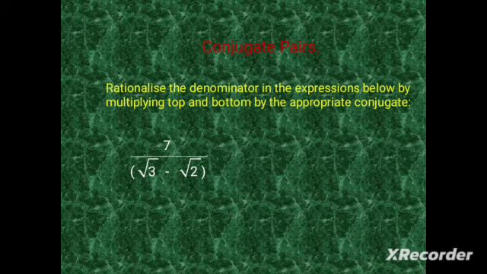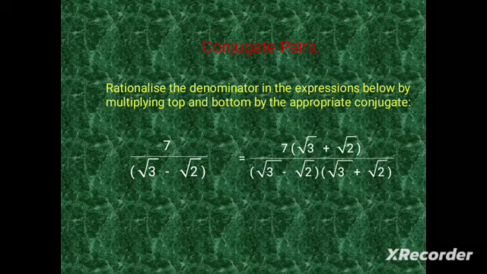Therefore, our last example: 7 over root 3 minus root 2. In this case, we just do the same. We multiply by the conjugate pair of the surd in the denominator. And so our fraction remains the same, 7 over root 3 minus root 2, times the conjugate pair, root 3 plus root 2 in the numerator. You see now the difference is in the signs.